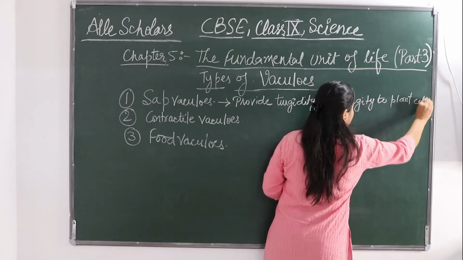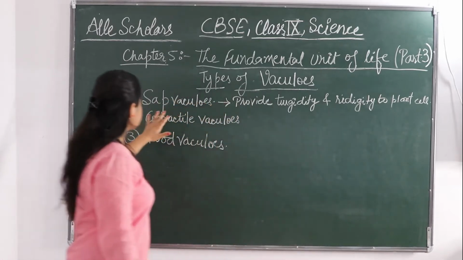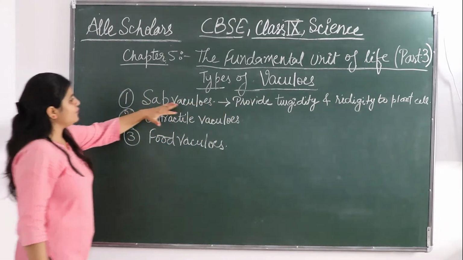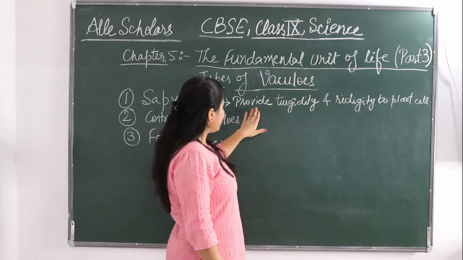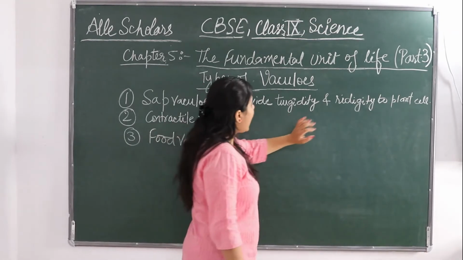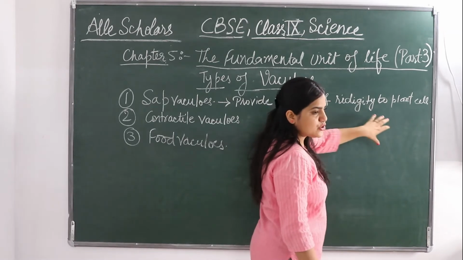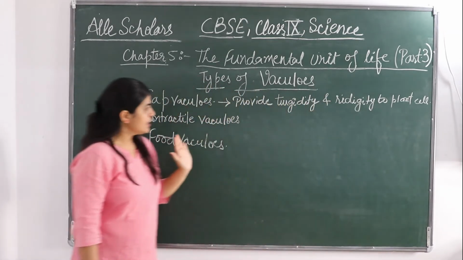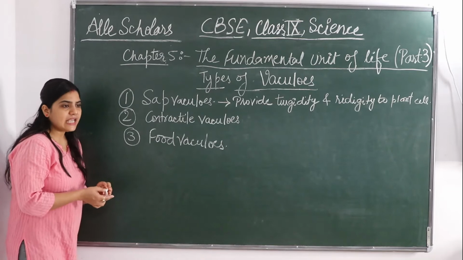I am talking about the plant cell. So in a plant cell, the vacuoles are full of sap, and the function of the sap vacuole is to provide turgidity and rigidity to the cell.